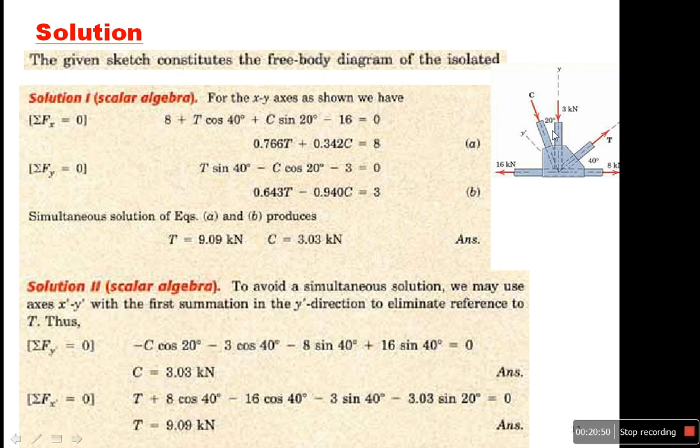Now you can see this is 20, this one is 20, C sine 20 or cosine 70, equal to 0. So I have one equation with one unknown, so I can get the T. Thanks.